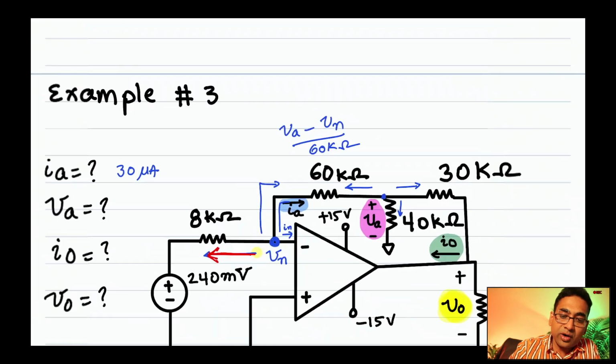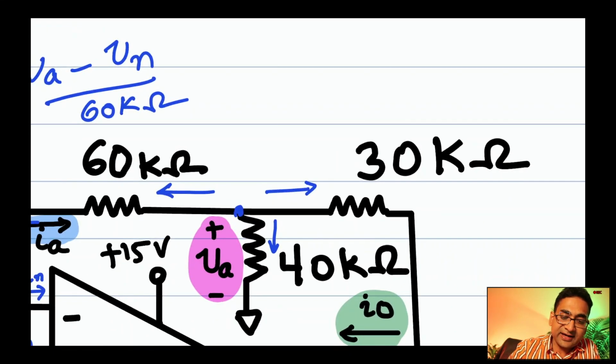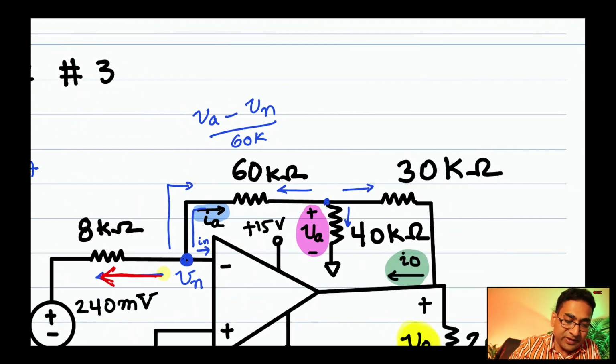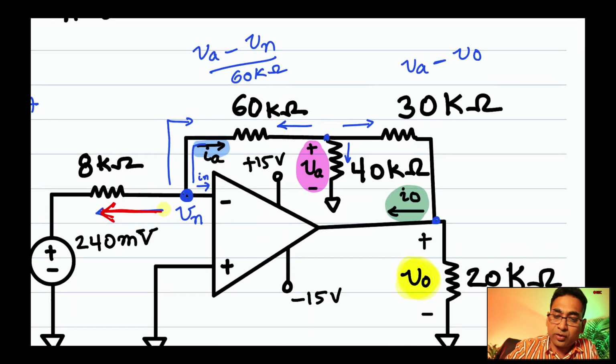Now what is the current flowing in the 30 kilo ohms? The current flowing in that branch is simply, think about it, VA minus VO, because this voltage is VO, right? That's the VO voltage divided by 30K.